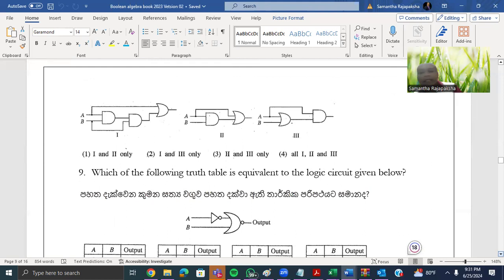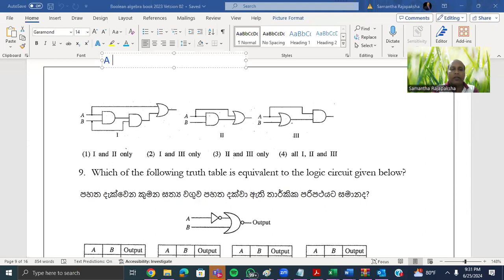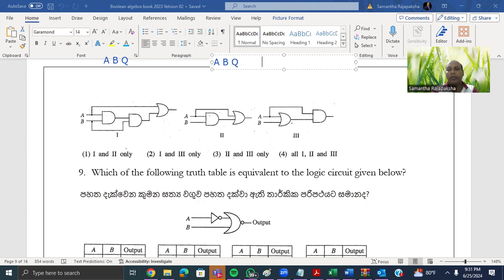Now in this question, we are asking which are equal. So what you should do is get the truth table for the first one and get the output. Then draw the truth table for this one and get the output, and then draw the truth table for this one and get the outputs.